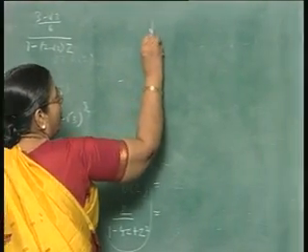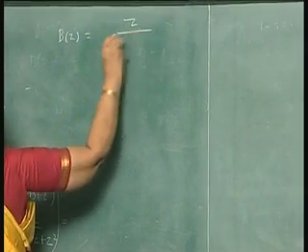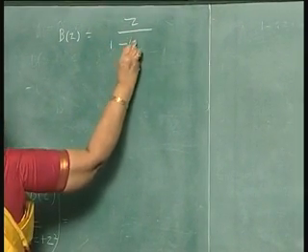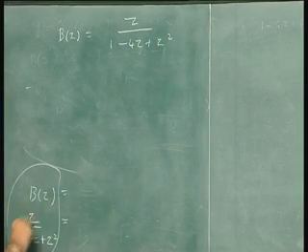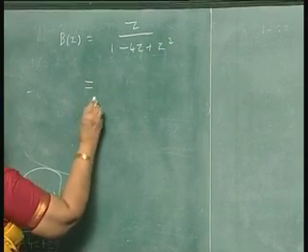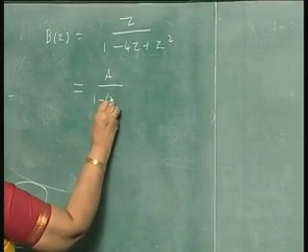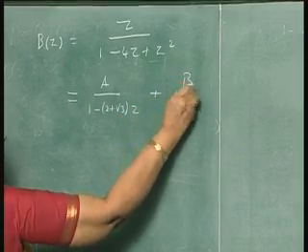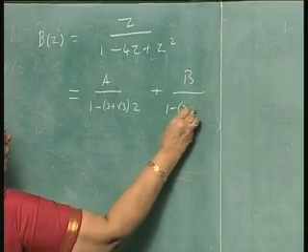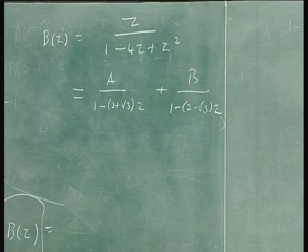So, similarly, you can also find the expression for B(z). Now, B(z) is given by z by (1 minus 4z plus z squared). And so, making use of partial fractions, this can be written as a by (1 minus (2 plus root 3) z) plus b by (1 minus (2 minus root 3) z).